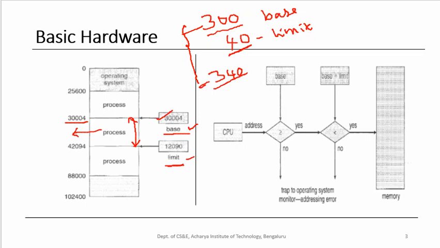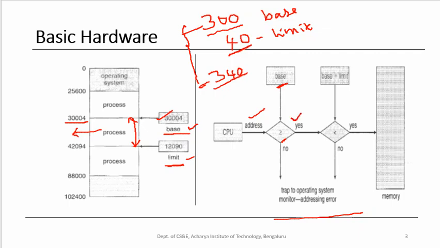Now how can we ensure that every time this process generates some address, that address lies within this range? That is what I have shown in this diagram. Let's say CPU is generating some address. This address is compared with the content of base register. So this address has to be greater than or equal to the content of base register.